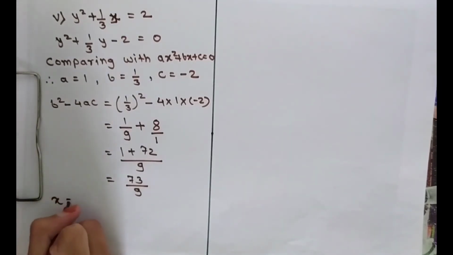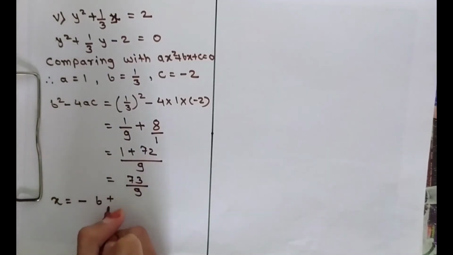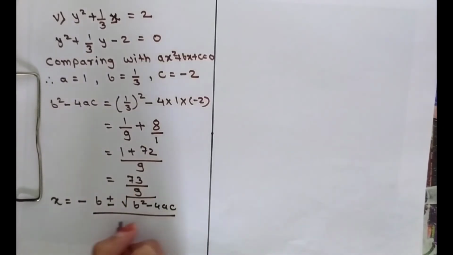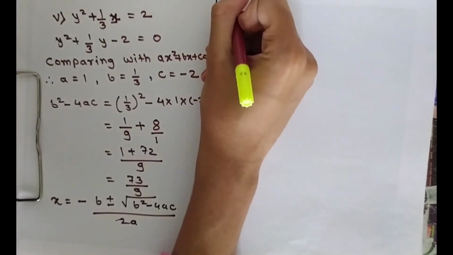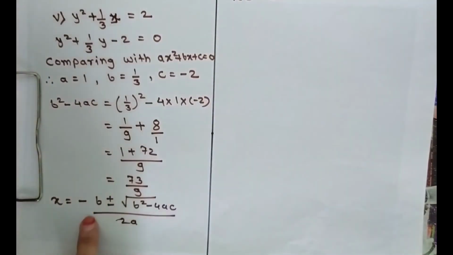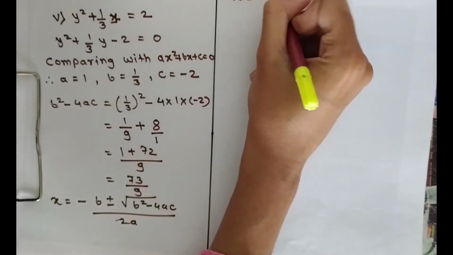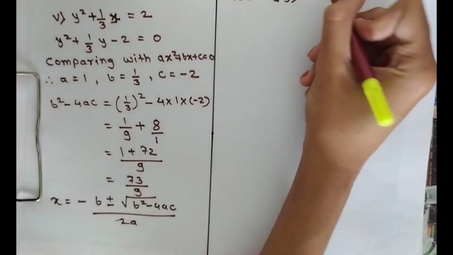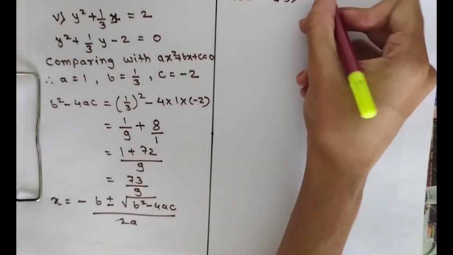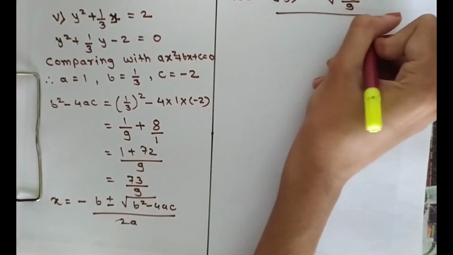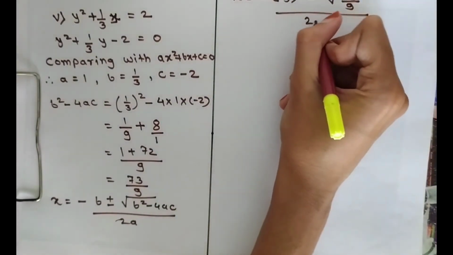Next is x is equal to minus b plus or minus root b square minus 4ac upon 2a. Therefore x is equal to minus b, which is 1 upon 3, plus or minus root b square minus 4ac, which is 73 upon 9, upon 2 multiplied by a.